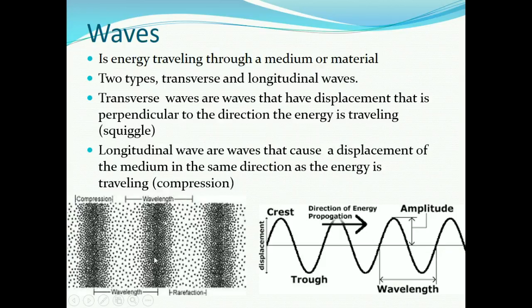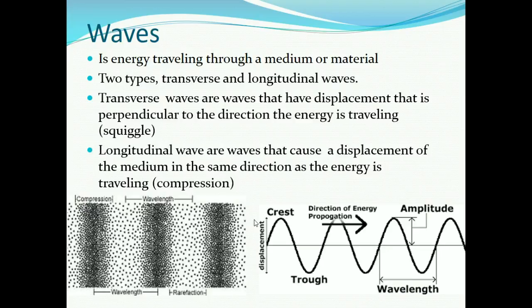The wavelength would be the distance from compression to compression, rarefaction to rarefaction, or you can do the edge of the compression to the next compression's edge. Those are both wavelengths. So wavelength is the same point to the next same point on the next segment of the wave. So those are the two types of waves.